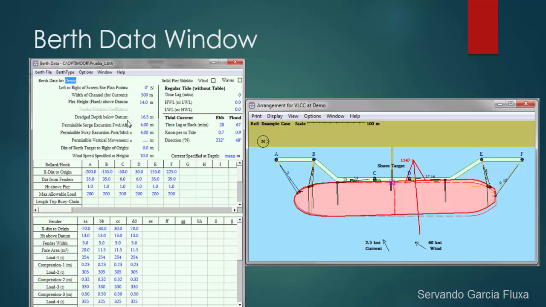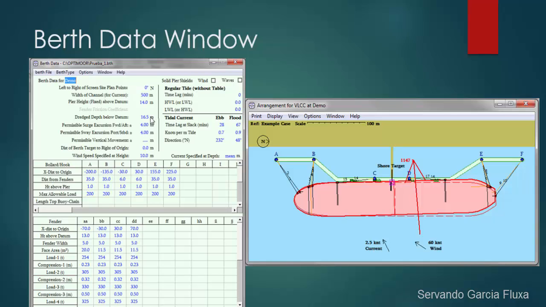Also, OPTIMOOR asks us the dredge depth below datum. And why is OPTIMOOR asking us the width and the depth below datum, or the width of the channel? Because that affects how OPTIMOOR has implemented how the currents affect the vessel.